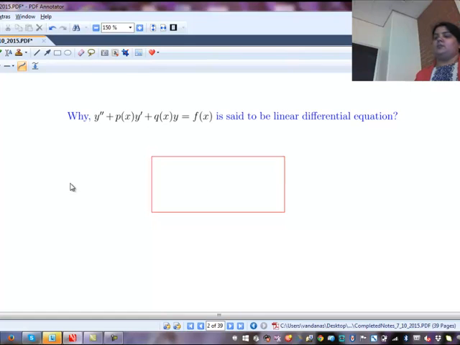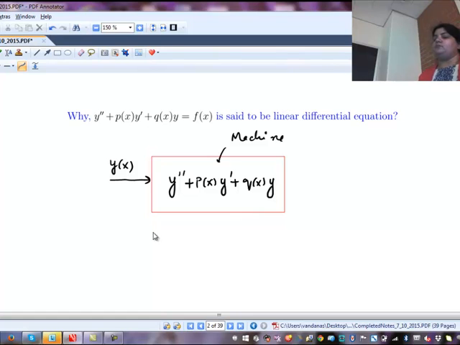If you input a function y(x) inside this machine, it will compute the second derivative of y, add p(x) times y prime and then q(x) times y, and then it will spit out the function f(x). In order to check linearity, we will only be focusing on this mechanism.